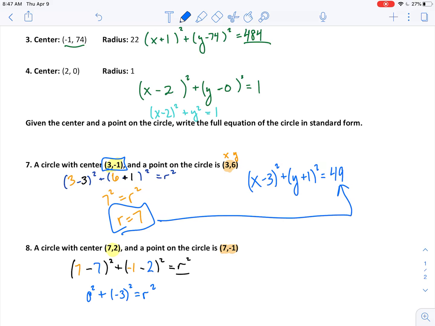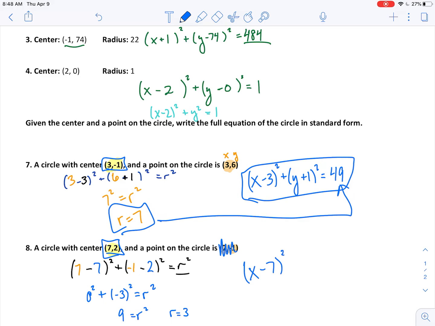Okay, so now we've got 7 minus 7 is 0 squared, plus -1 minus 2 is -3 squared equals r squared. So if we simplify this, I get 9 equals r squared, or r equals 3.